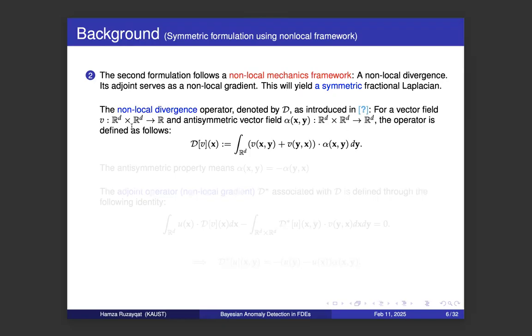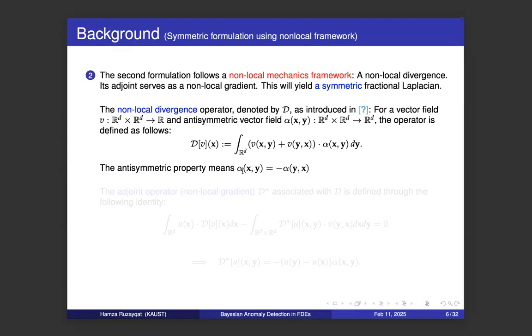For a vector field V from R^d to R, and an anti-symmetric vector field alpha of x,y from R^d to R^d, the divergence operator on V is the integral over R^d of V(x,y) plus V(y,x) dot this antisymmetric vector field alpha(x,y). The antisymmetric property means that when you exchange the variables, so xy becomes yx, then alpha of xy equals minus alpha of yx. So that's antisymmetric.